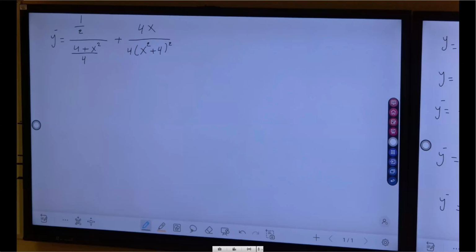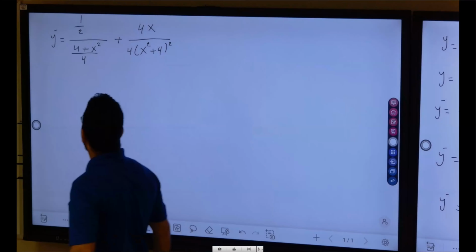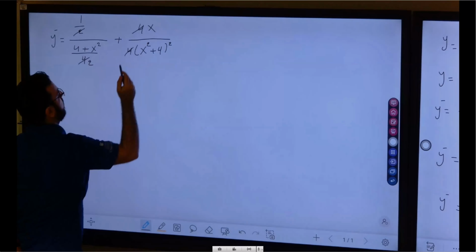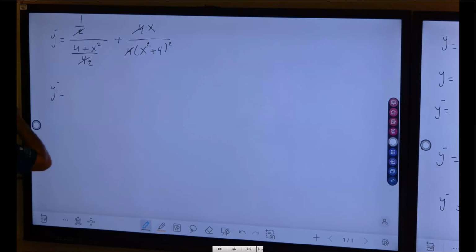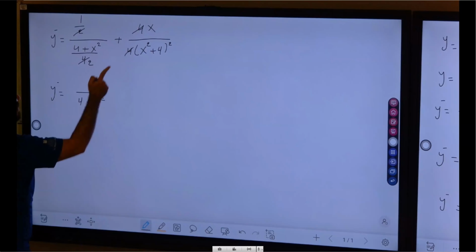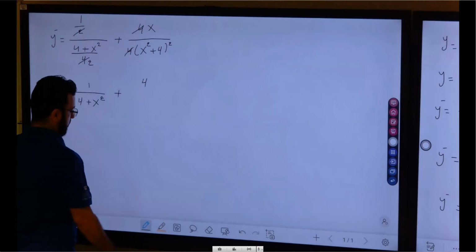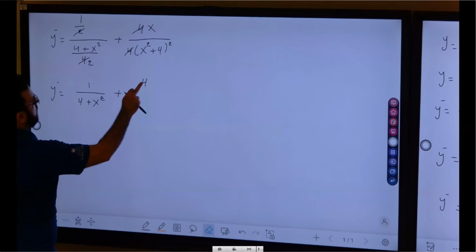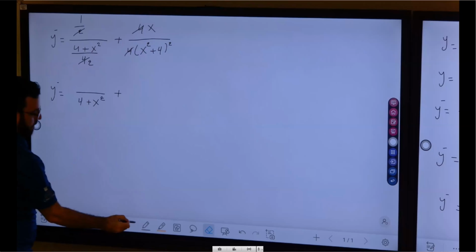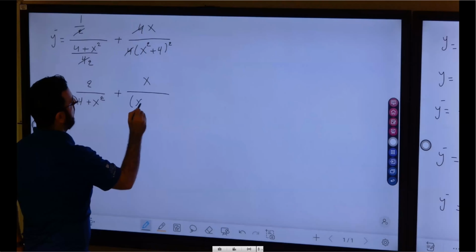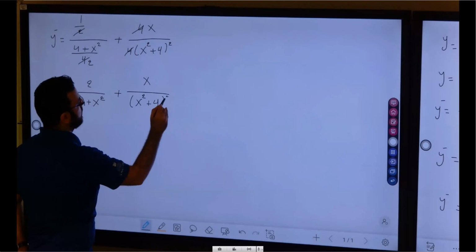So y prime is going to be, what's left here, 1 over 4 plus x squared, plus 2 over 4 plus x squared, because you're going to flip it. 2 over x squared plus 4 squared. Now what's the next step?